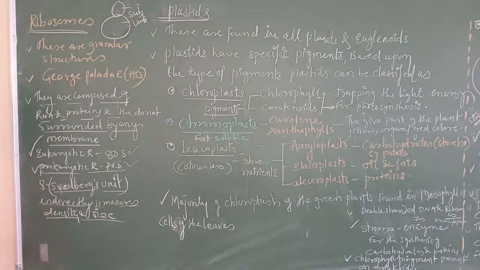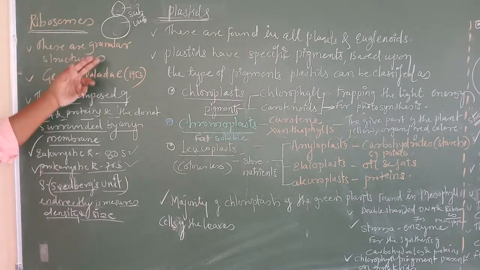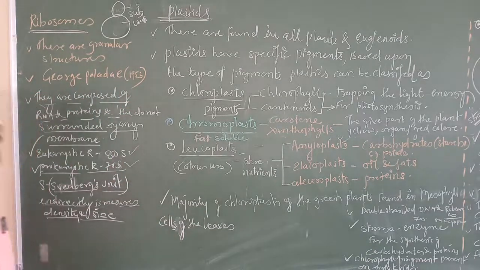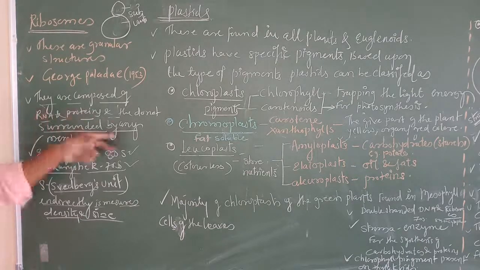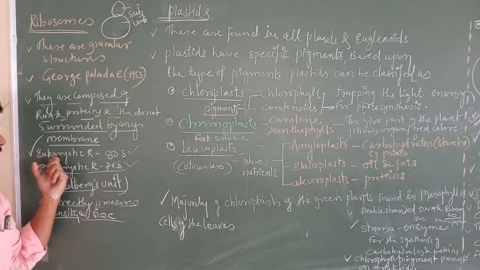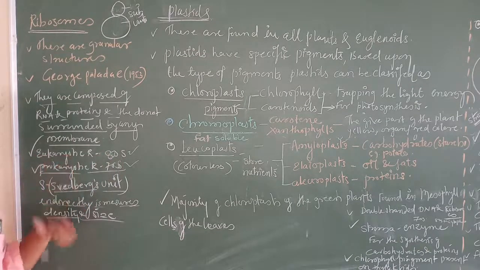This much you are going to remember regarding the ribosomes. Ribosomes are granular structures which were observed for the first time by George Palade in 1953 under the electron microscope, and they are composed of proteins and RNA. They do not have any membrane surrounding them. They are present in both eukaryotic and prokaryotic cells.